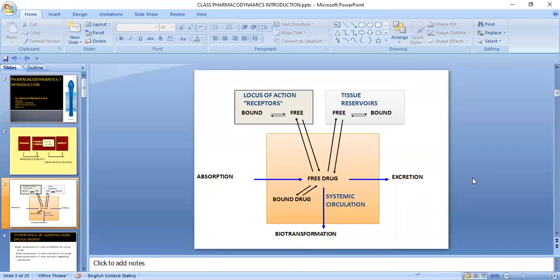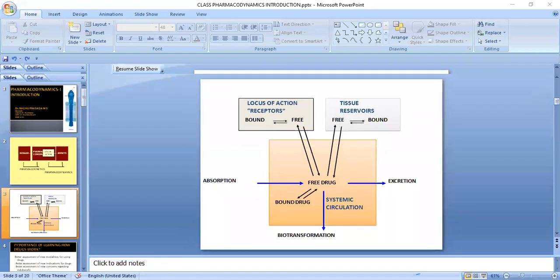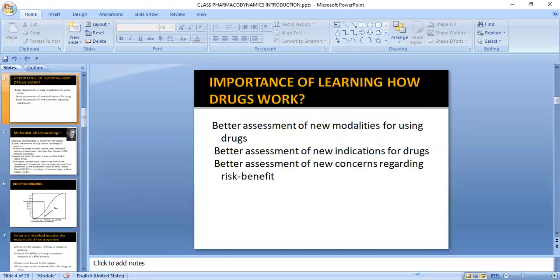The third slide, free drug and bound drug, systemic circulation. Okay, now it is changing, better assessment of new modalities. Now it's importance of learning how drugs work.